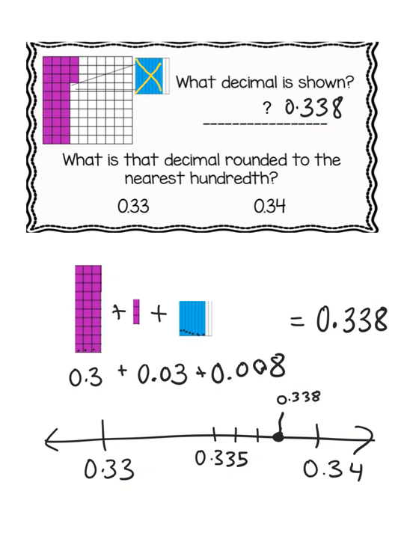We could cross out 8 of those thousandths to get down to this point, 33 hundredths. Or we could add 2 little itty bitty thousandths to get up to, that would round us up to 34 hundredths.